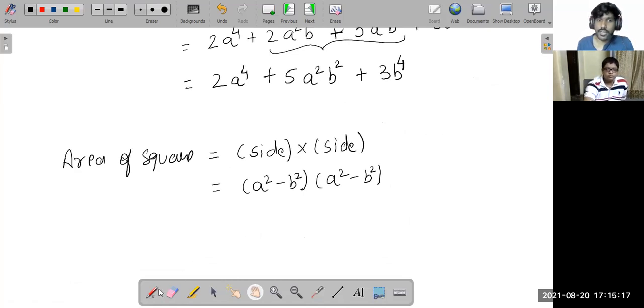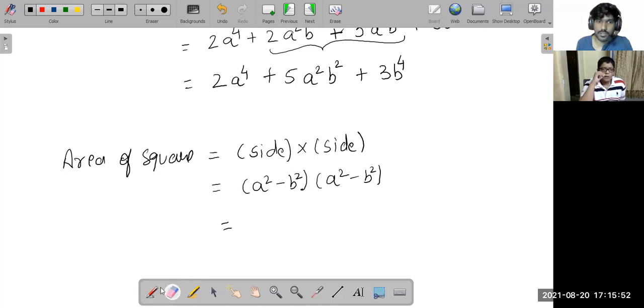Now here you do bracket to bracket multiplication. No, wait, you're making a mistake.